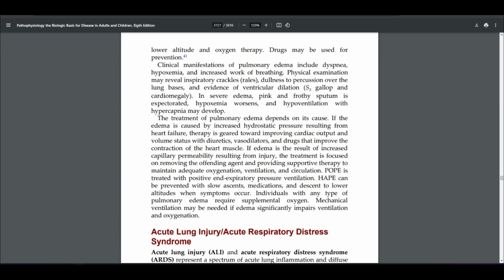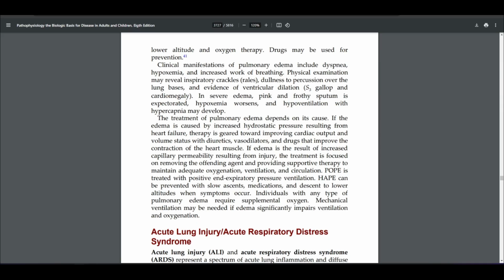If edema is the result of an increased capillary permeability resulting from injury, the treatment is focused on removing the offending agent and providing supportive therapy to maintain adequate oxygenation, ventilation, and circulation. POPE is treated with positive end-expiratory pressure ventilation. HAPE can be prevented by slow ascents, medications, and a descent to a lower altitude when symptoms occur.